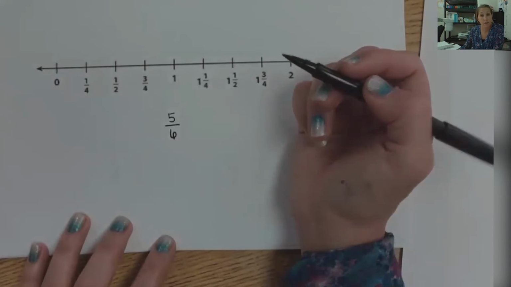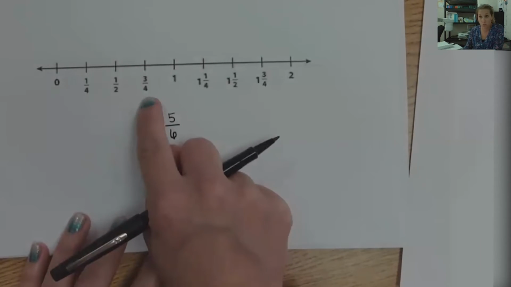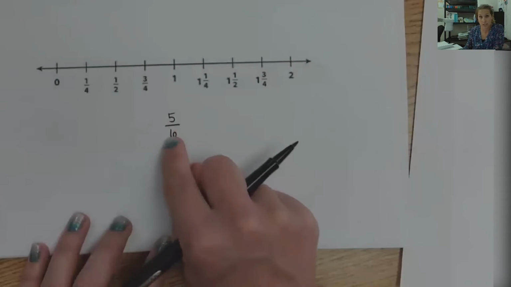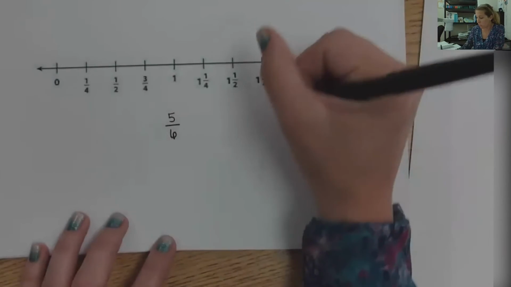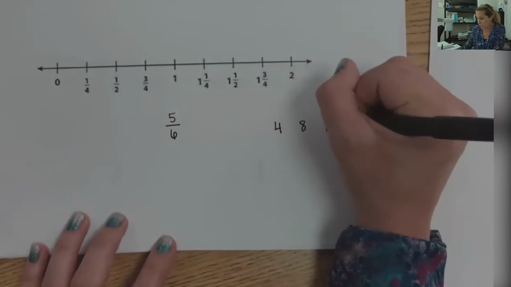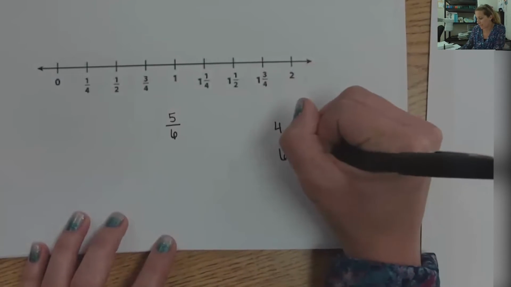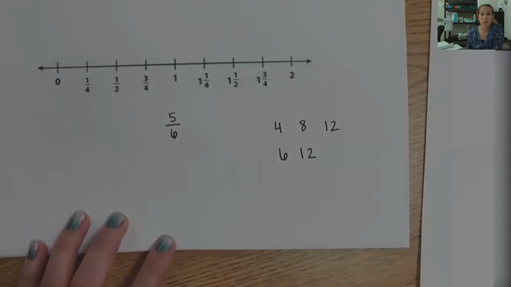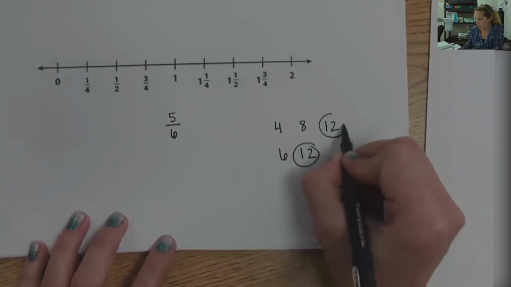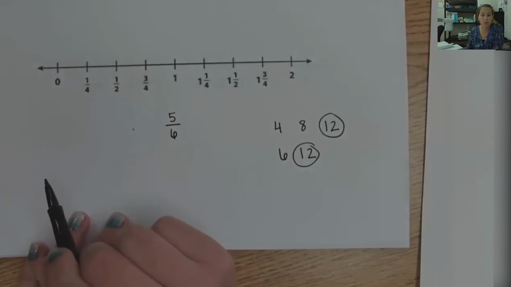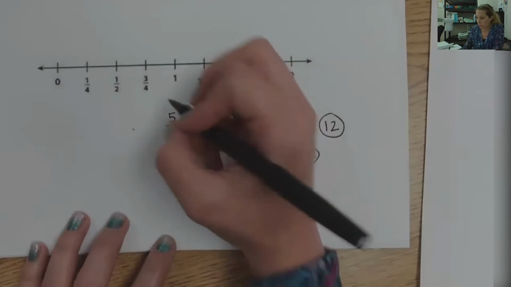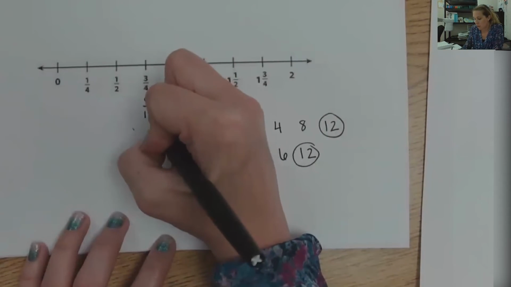Why? Because I can't change fourths to sixths. So when we do our multiples, 4, 8, 12, and 6, 12, I notice what common multiple? 12. So let's think about fourths in the form of 12ths. That would be 9 12ths.